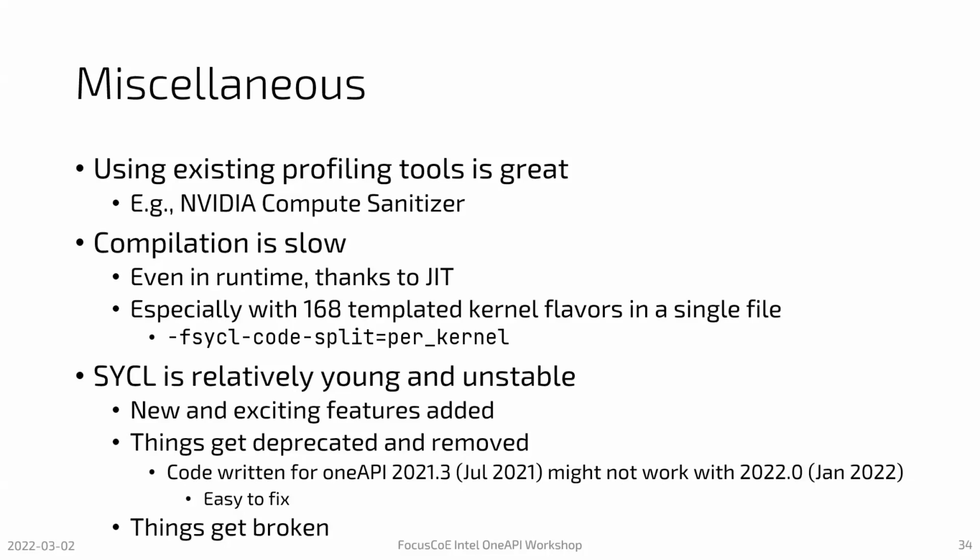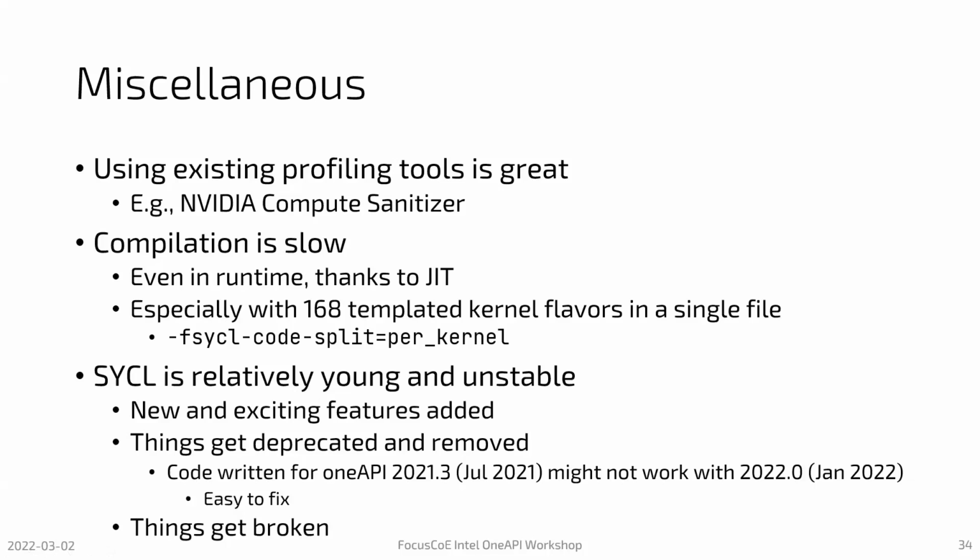So luckily, there is this helpful switch, -fsycl-device-code-split=per_kernel, in the oneAPI compiler that tells the just-in-time compiler to only work on kernels that are currently used and not try to compile all the kernels in that file.